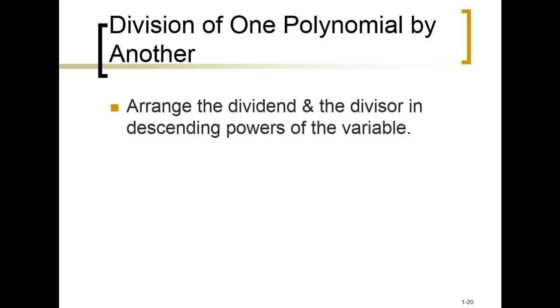When you are dividing one polynomial by another, the dividend, that is the number or the polynomial that is being divided, and the divisor is the polynomial that's doing the dividing. Arrange each of those in descending powers of the variable. So highest power first, and then descending powers.